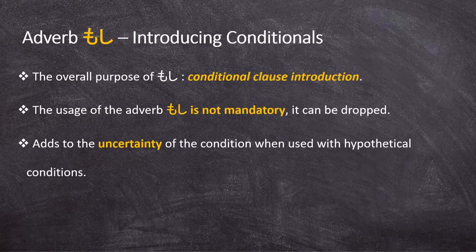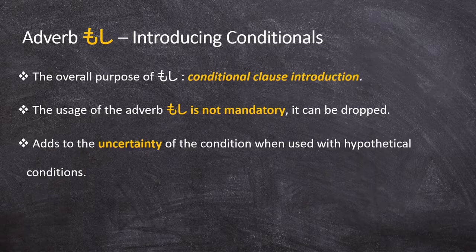Now the third thing is the way that moshi itself can modify the presented condition. Because when you are using moshi, the condition itself has a high uncertainty rate, to be more precise, because you are assuming that the condition has very slim chances of coming true.